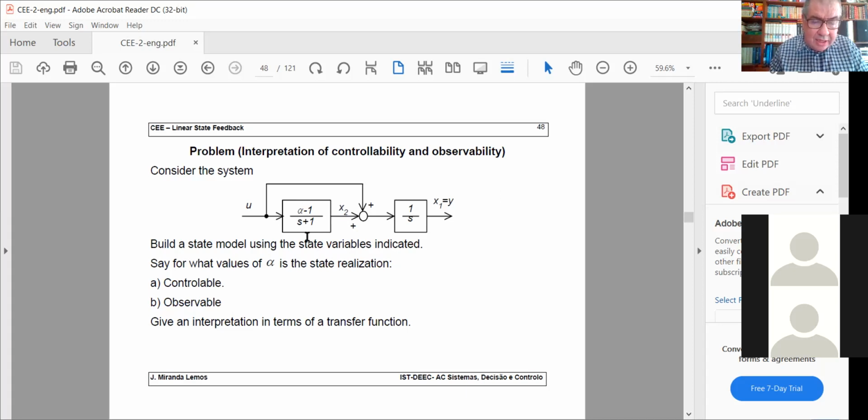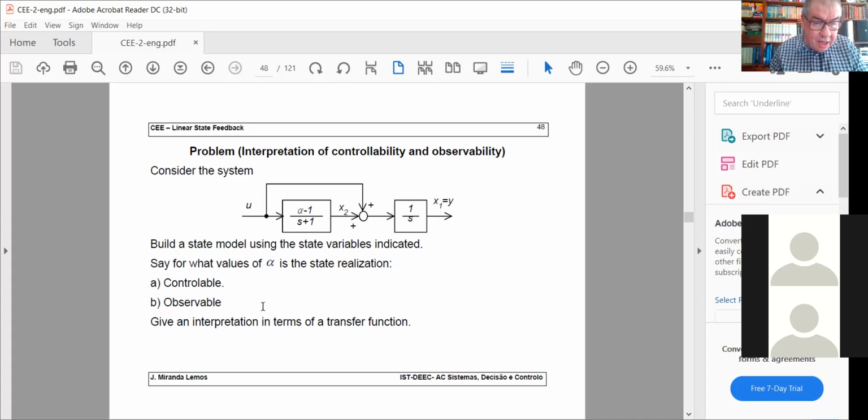Okay, so write the state equations, and now find for what values of alpha this system is controllable, and for what values of alpha your state realization is observable.